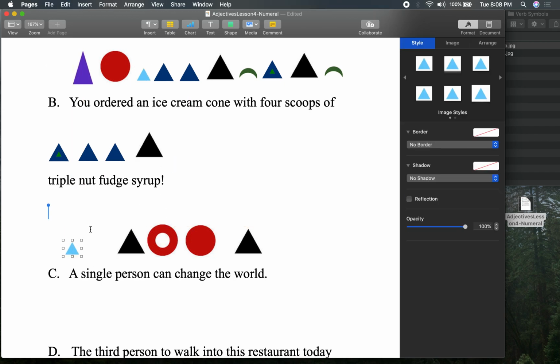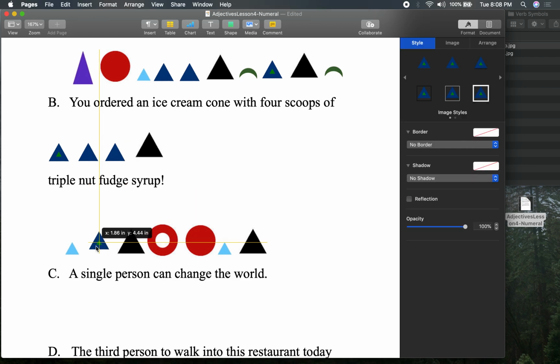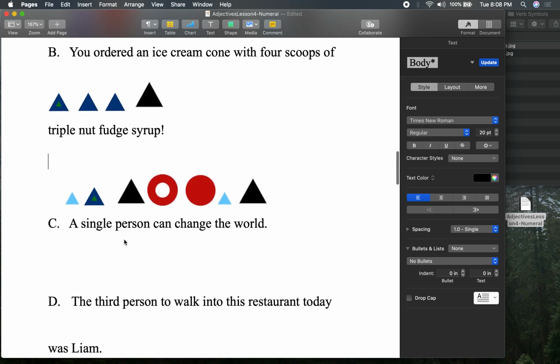A, and the. Okay, and single here is definitely my numeral adjective. So a single person can change the world. There you have it. You have your classic article, adjective, noun combination there.